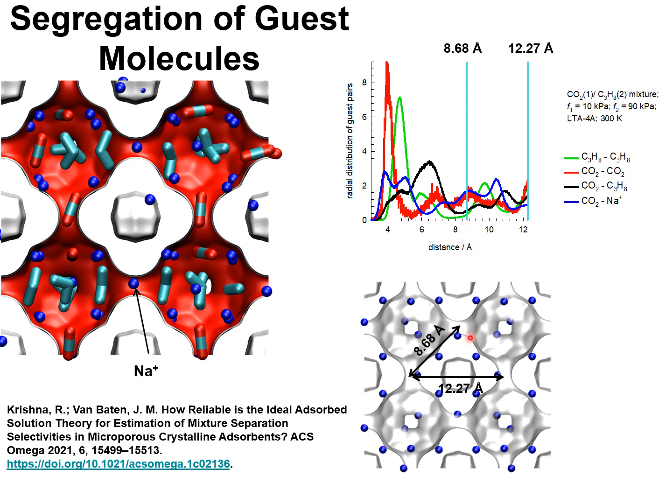At this distance of 8.68, there is no maximum in the distance between pairs of propane molecules, which are indicated in green. So we can conclude that the preferential location of CO2 at the window regions leads to segregation of gas adsorbates within the pore landscape.